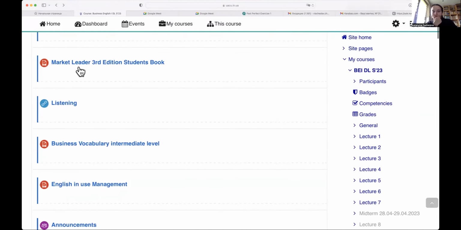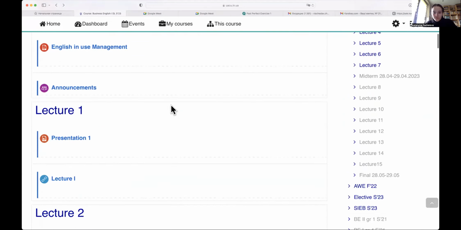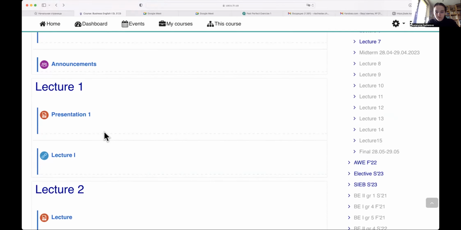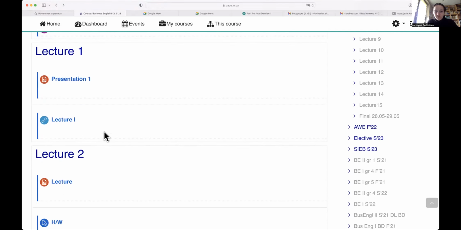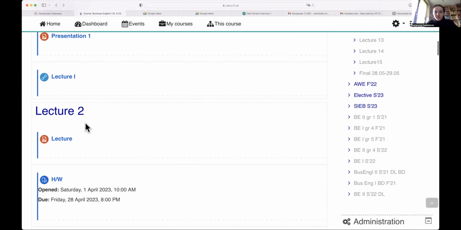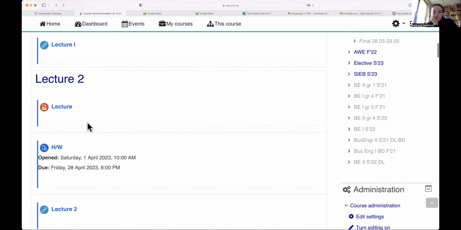If you don't have time to read the whole of each book, just look through the presentation. Almost all the tasks refer to the presentation, then you just do the tasks. If you need extra info, you go to the lecture. It's recorded, and it's usually general information, just me saying everything.